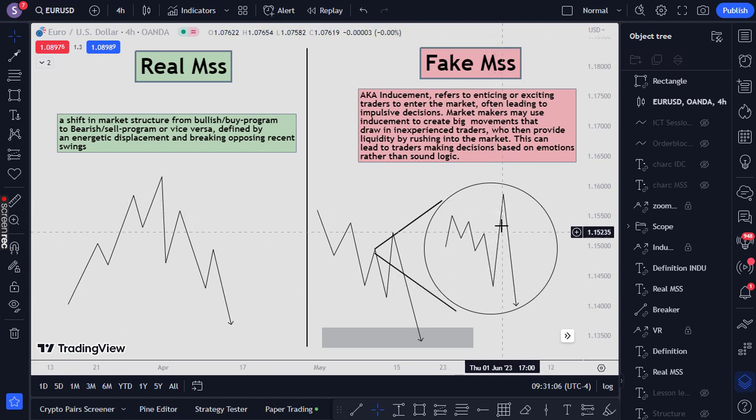So this is an inducement, enticing traders to enter the market. So we are making this move right here, a fake move. This move right here will trigger two things. It will trigger the buy stops right here. So if I'm a retail trader, I will sell here. My stop loss will be here. That stop loss is also a buy.